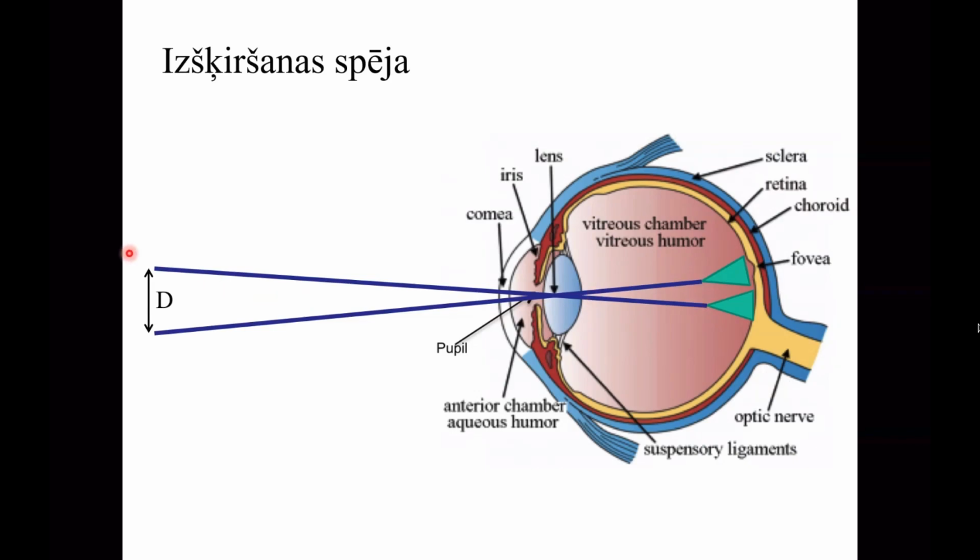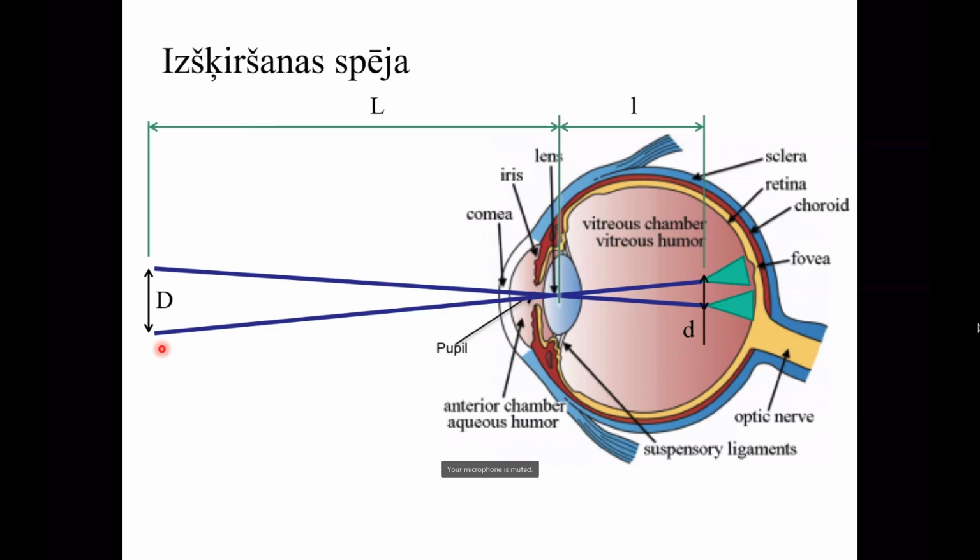So for instance, we have an object at some distance from the eye, and the typical size of this object is D. This distance is d small, the distance from the lens to the cells is L small, and this is L capital.